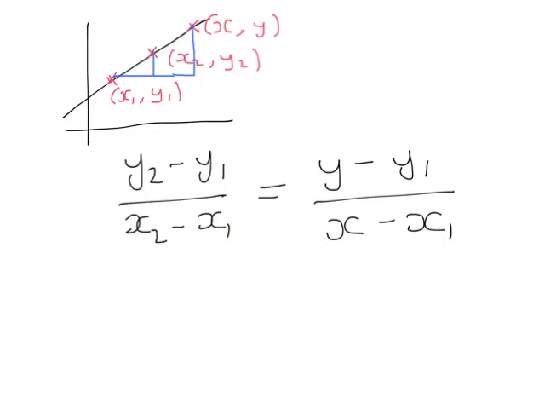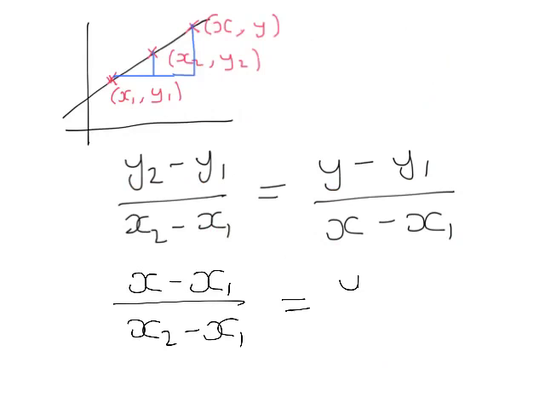Now we can rearrange this equation a little bit. We can multiply both sides of the equation by this x minus x1, and also divide both sides of this equation by this y2 minus y1. And if we do that, we're going to end up with x minus x1 over x2 minus x1 is equal to y minus y1 over y2 minus y1.